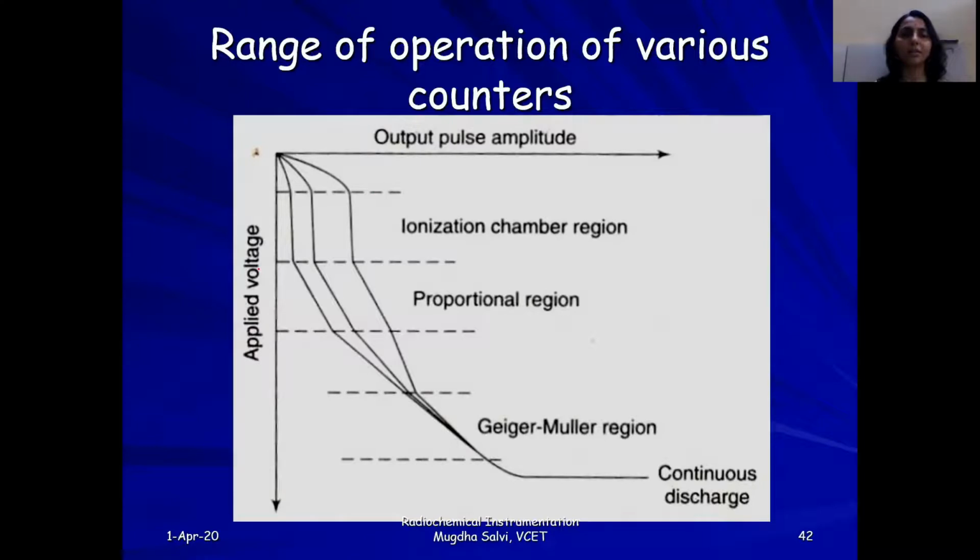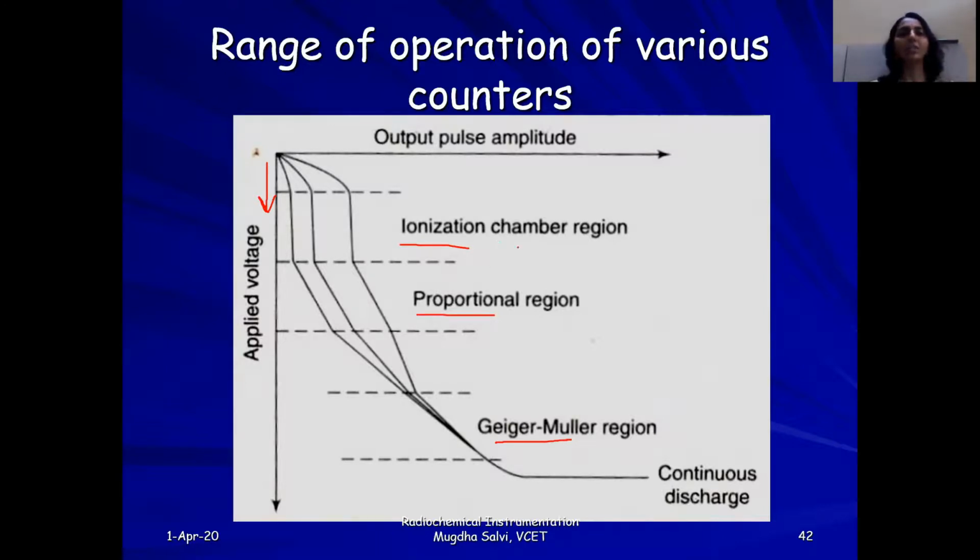If you see here, this diagram shows us the ranges in which these operate. For example, if you observe the range of the ionization chamber, if the applied voltage is increasing in this direction, then your ionization chamber works at a comparatively very low voltage. Then you have the proportional region, and after that we have the GM region.